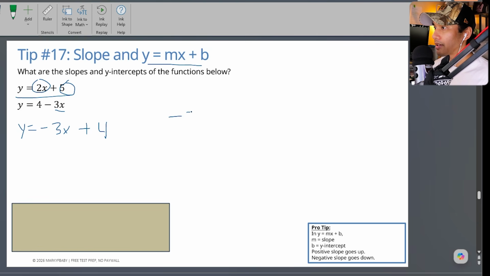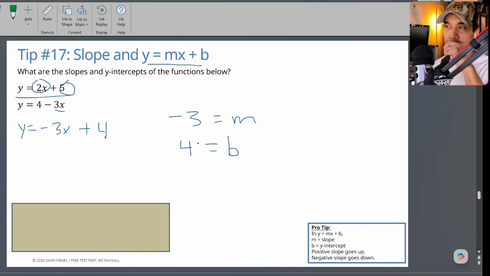So our slope is -3 equals m, and 4 equals b. Easy. That's all I want you to know from this slide: how to identify the slope and y-intercept given the function.